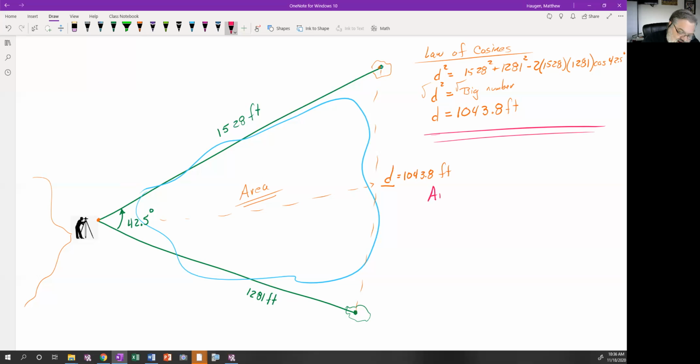But if we want to find area, we have to make some choices. For area, we have a couple of different tools. Generally, when you ask people what is the area of a triangle, the knee-jerk response is 1/2 base times height.